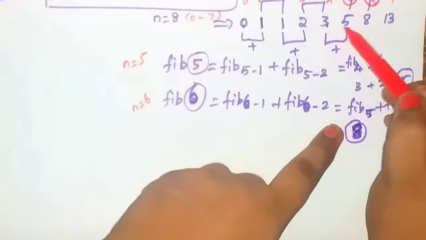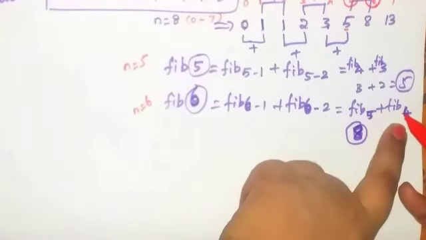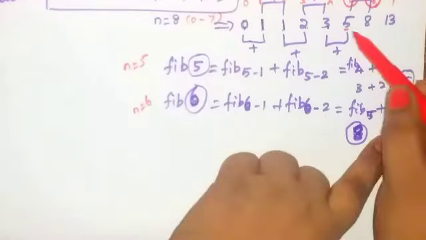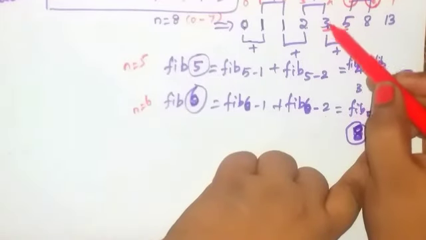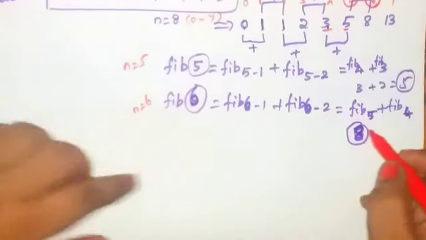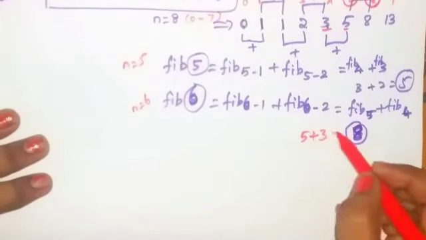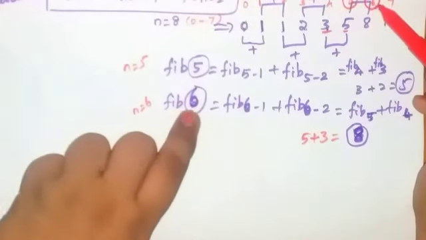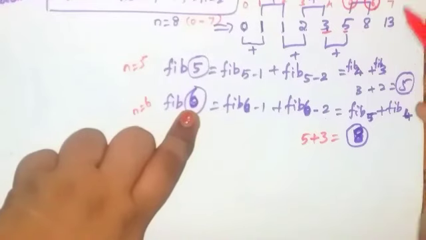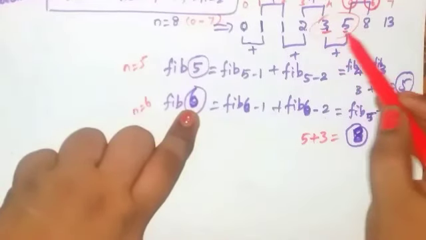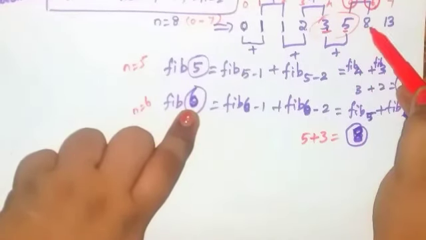This 5. Plus which element is stored at index position 4? This is 3. So 5 plus 3 is equal to 8. So for the 6th index position, we calculate the previous two elements, 3 plus 5, that is 8.